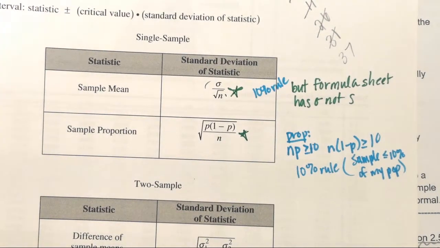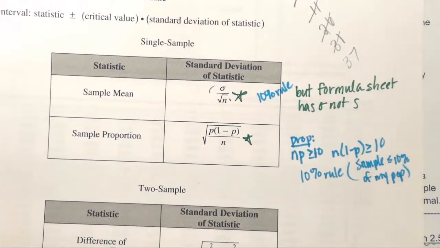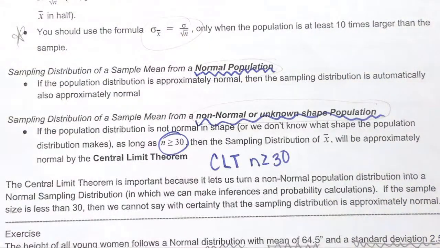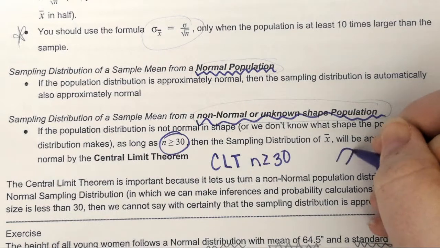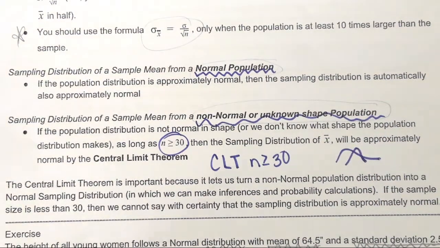But we can only assume normality if we've proven these rules, or we can assume normality when we're dealing with sample means if our sample size is bigger than 30. Which sounds stupid, but I think that's amazing: even if we have something that's skewed, our sampling distribution will be a normal curve as long as our sample size is bigger than 30.